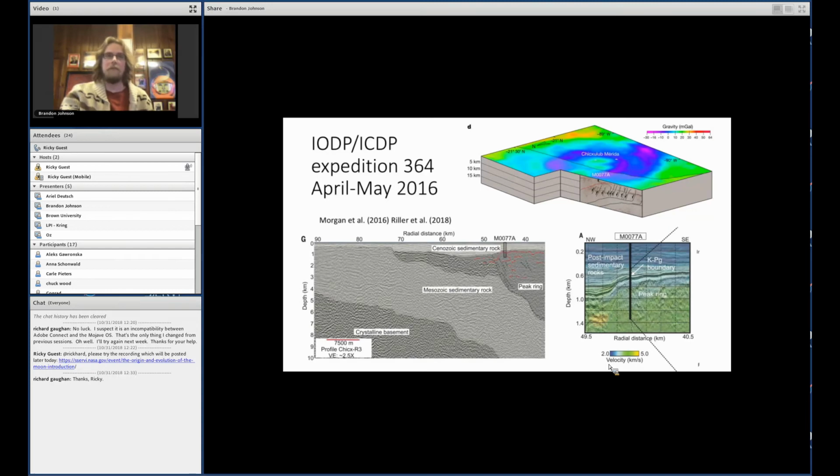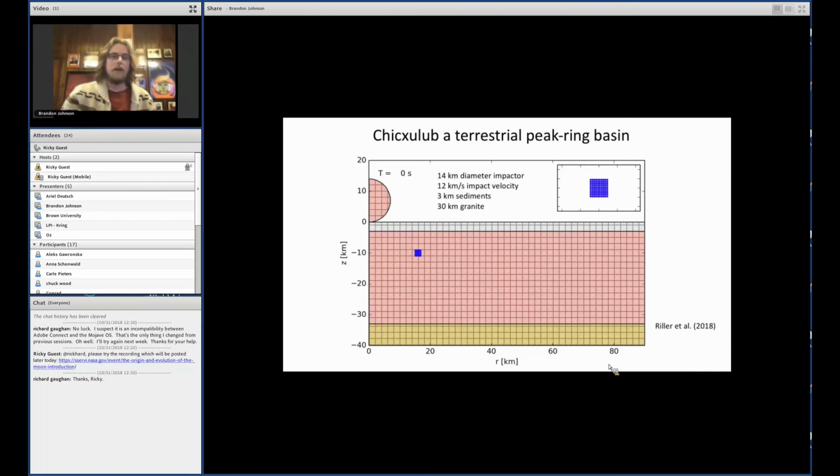That was the big question before drilling this: what is that peak ring material? Is it crystalline basement material that had collapsed over this sedimentary rock, or is it just sediments? The reason we had that question is because the seismic velocity of the peak ring material is relatively low, and so it could be consistent with near-surface sedimentary rock.